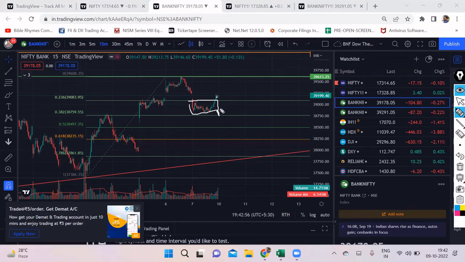The best trade would be if it opens somewhere at this place, and in case it goes up, this is a place you're definitely going to go for a put. A gap down opening definitely makes sense, as something bad is happening around, so nobody would like to carry their bullish positions. We'll see if they show a recovery until this place, then we'll buy a put, and I think slowly and steadily this may trade here.